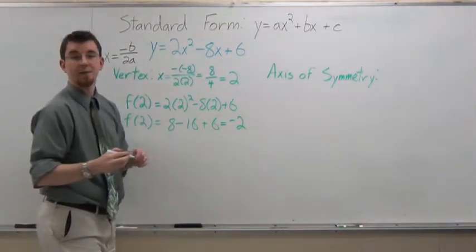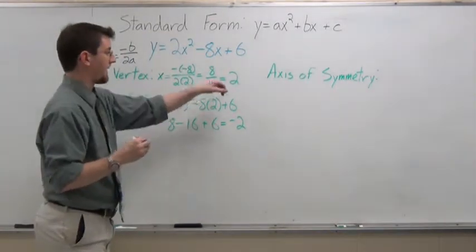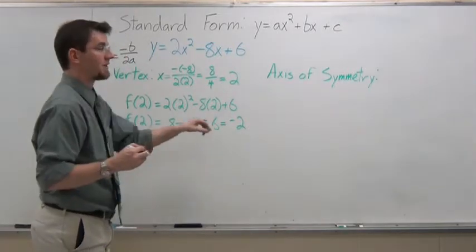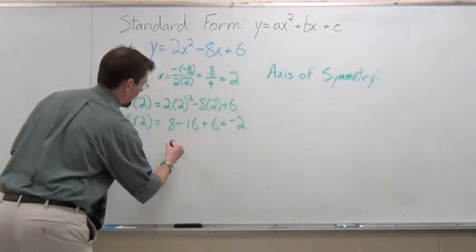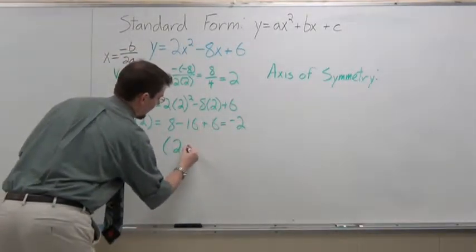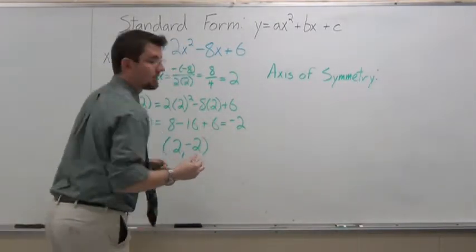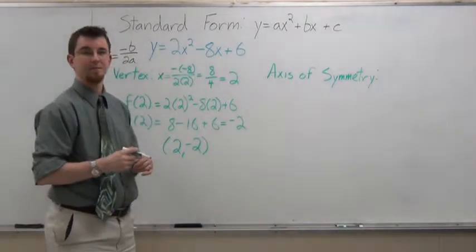It's going to be negative 2. Now from here, I've got my x and my y coordinate. I just need to go ahead and write it as a coordinate pair. 2 and negative 2.